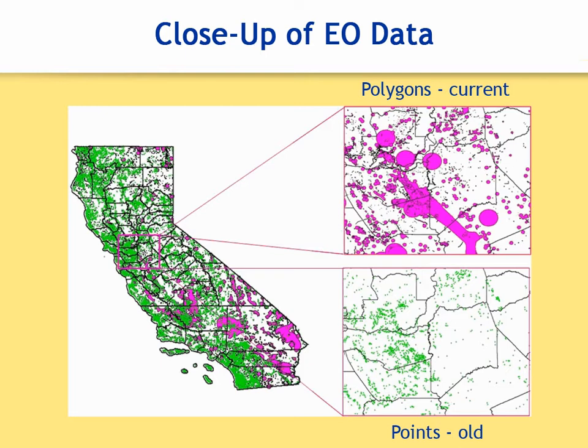More recently, member programs are working to convert circular polygons to ones that better show the actual known footprint of the observation, such as shown in the top inset. I'll give a more detailed example next, but be aware that both within and between states or provinces, you will see a mix of old-style and newer polygons.